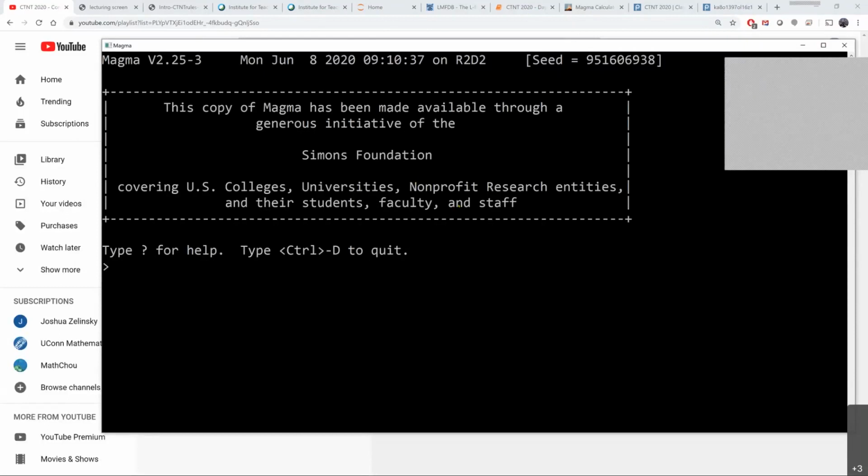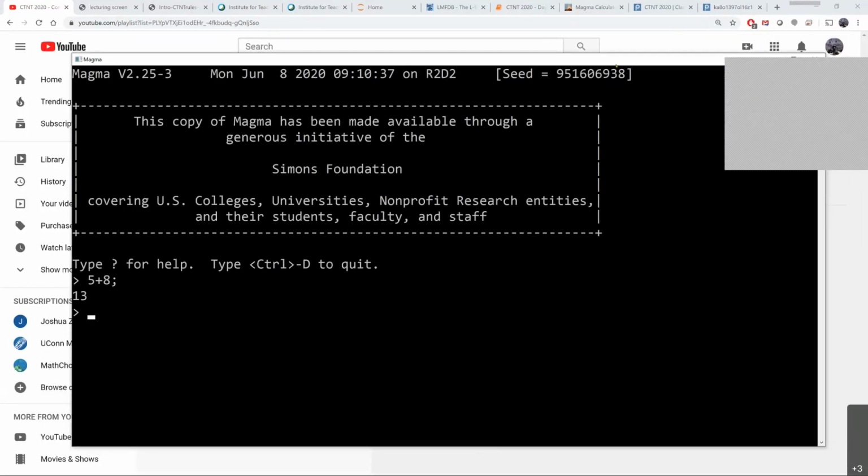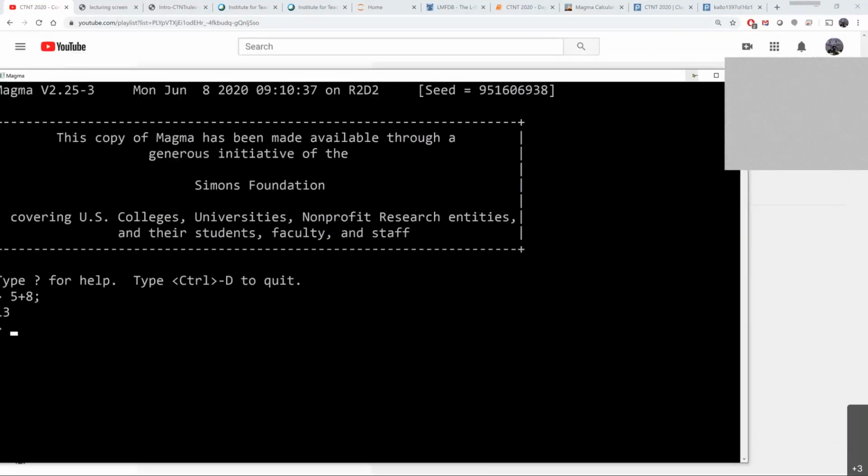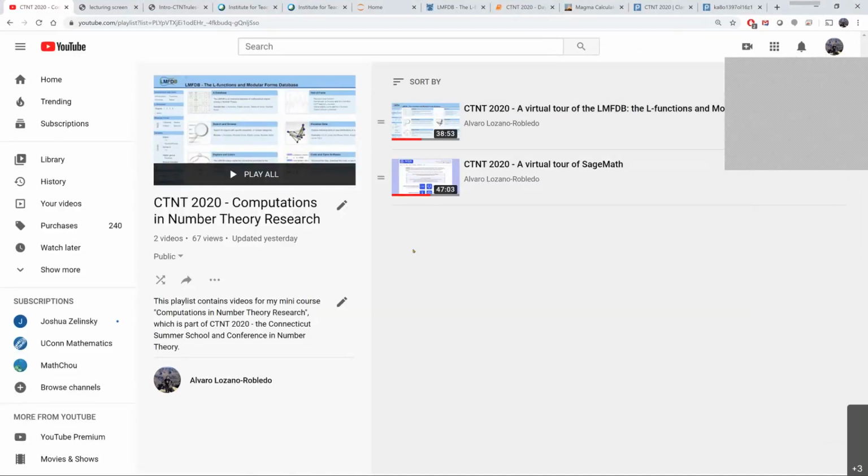So you see Magma can also add numbers, but not like that. 5 plus 8, 13. Okay, very good. So I'm going to be using both things, and hopefully when I do this, you get back to the browser, correct? Yes. People can see the browser now. Very good. All right.